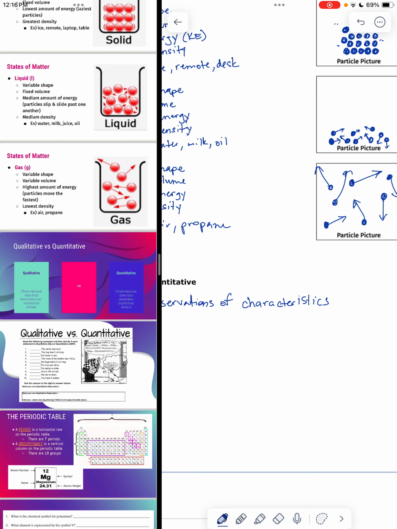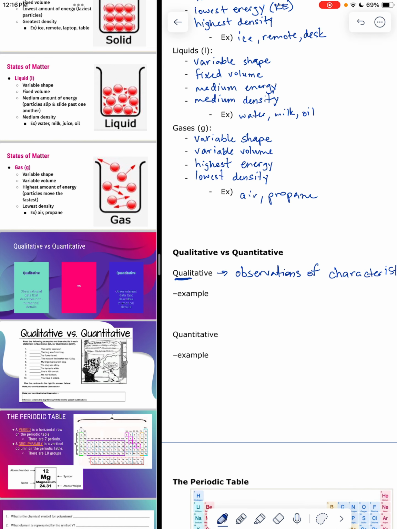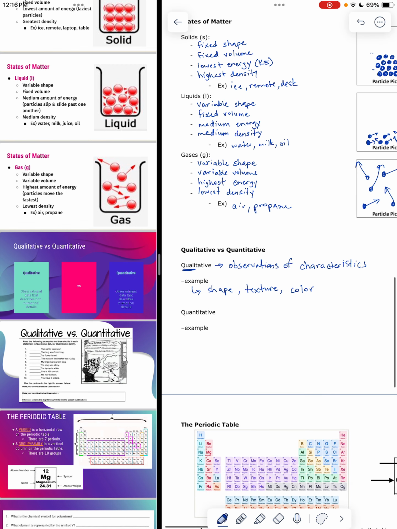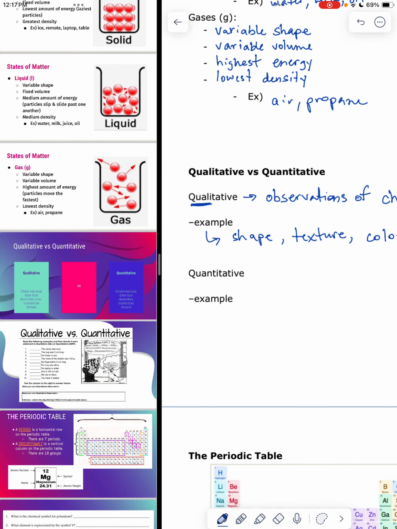Examples of that are the shape of something, the texture, how it feels, the color, so on and so forth. Those are qualitative observations. We're going to do a lot of qualitative observations in labs in chemistry.